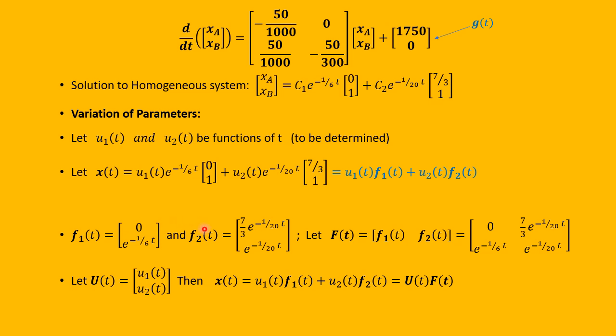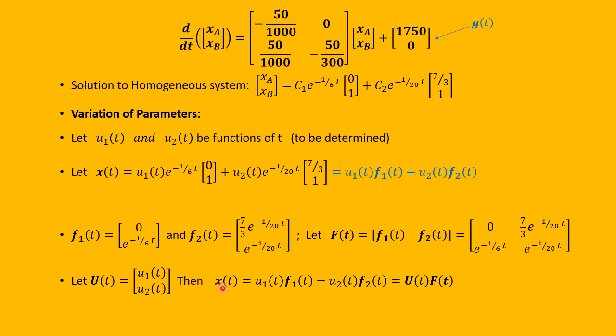So f1 and f2 are what I just mentioned, and if you form the matrix F, which has as its columns f1 and f2, the matrix capital F is this matrix. Let's let u of t be the column vector with components u1 of t, u2 of t. u1 and u2 are scalar functions.